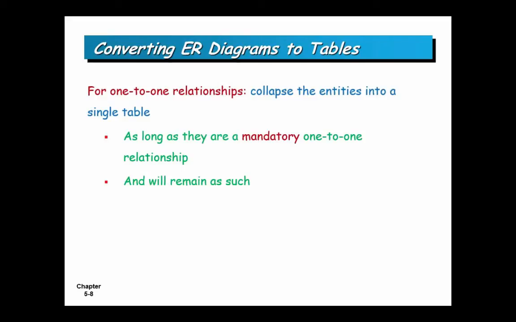And as you look into the future, they're 2 separate entities, then you can combine those into a single table. If, on the other hand, there's some optionality or some potential for optionality in the future, you should not combine them because then you just have to separate them in the future. So it's a mandatory one-to-one relationship between 2 tables. Then it's really one table.